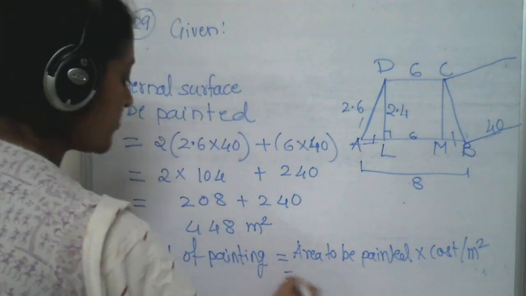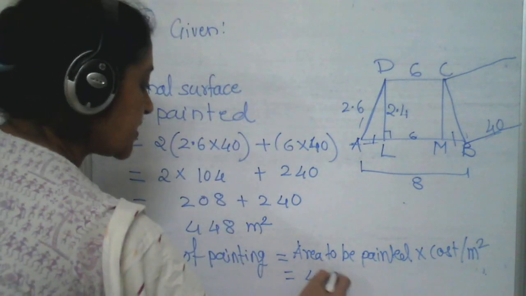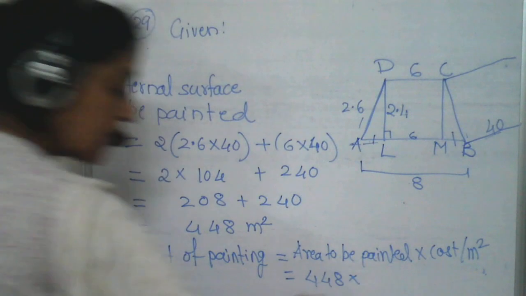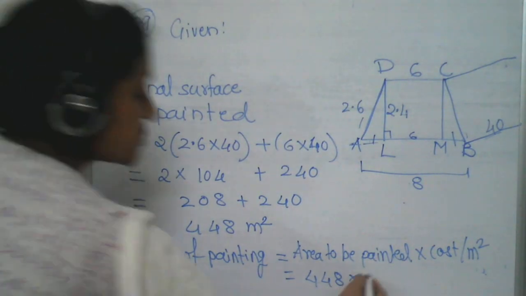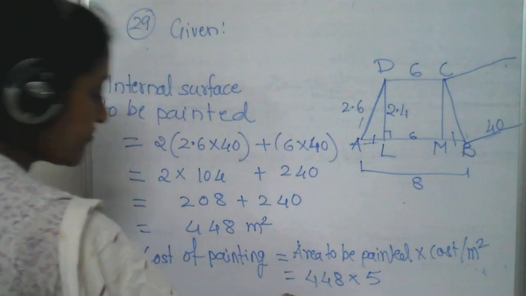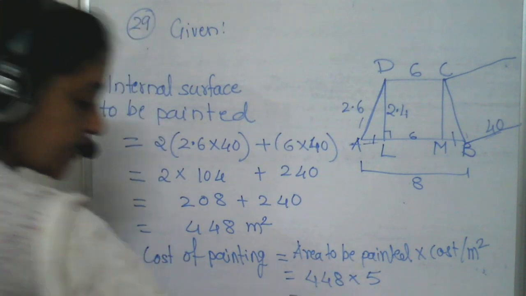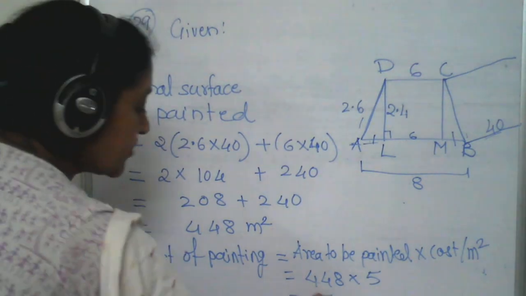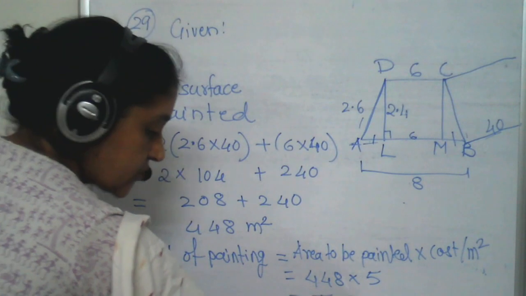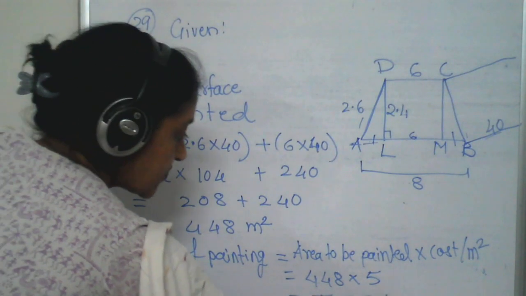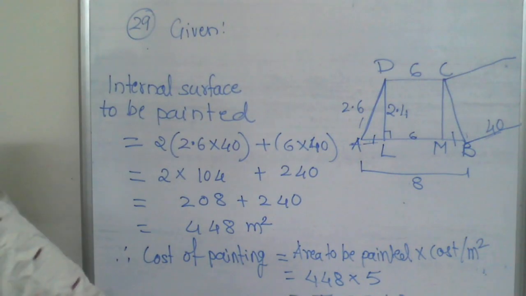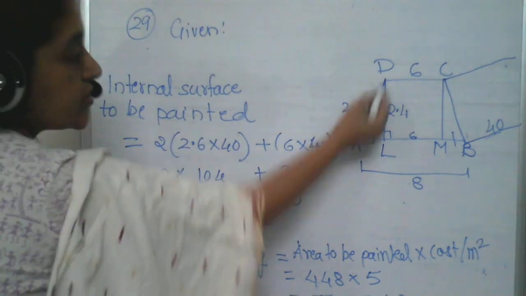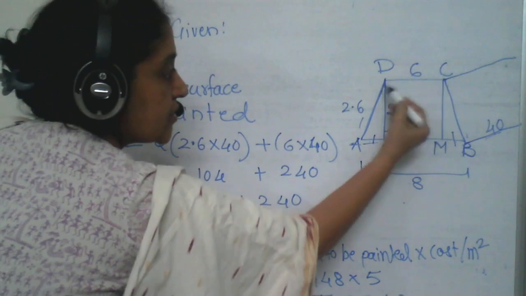So area to be painted is 448 meter square into the amount that is involved is 5 rupees per meter square. That's why I have to multiply it by 5. So when you multiply, you're going to get rupees 2240. So this will be the cost of painting the 2 side walls and the top.